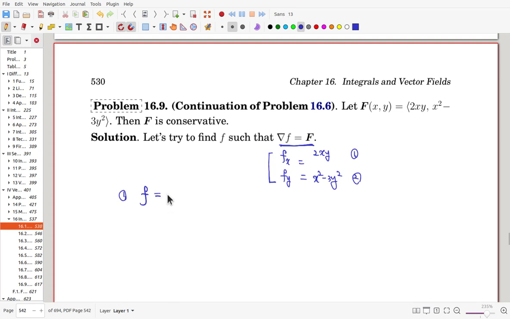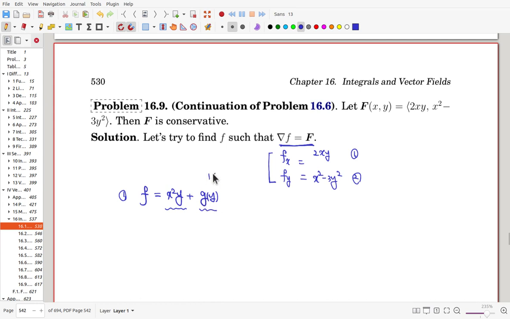So that is the same as x squared y plus a constant. But the constant must be general, so let's say g of y. In this case, if you apply the x derivative, then that will become 2xy, and this will disappear because it's a function of y.